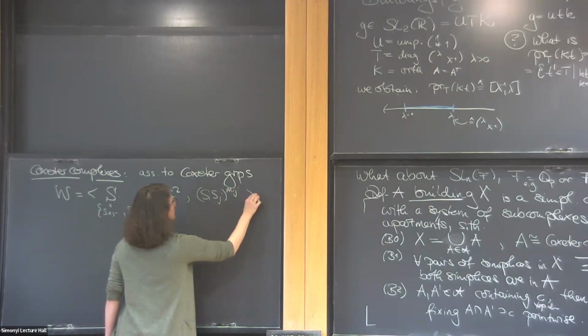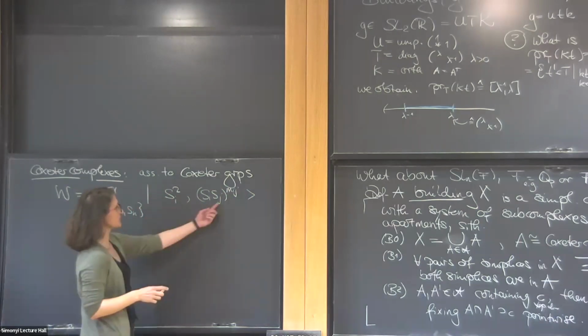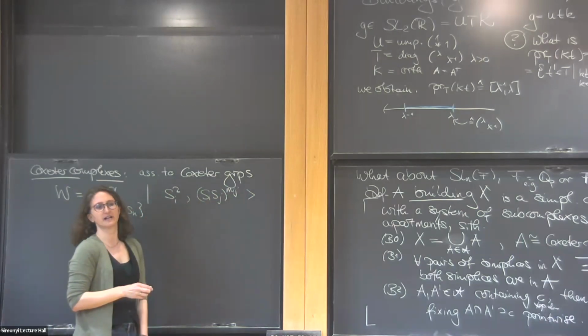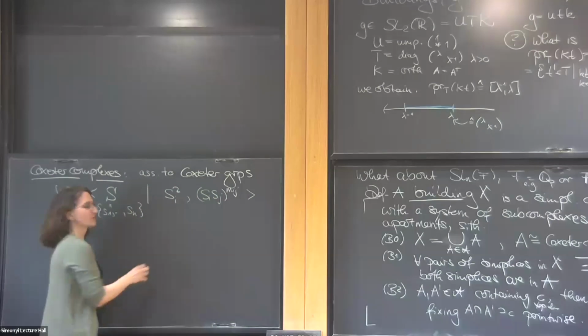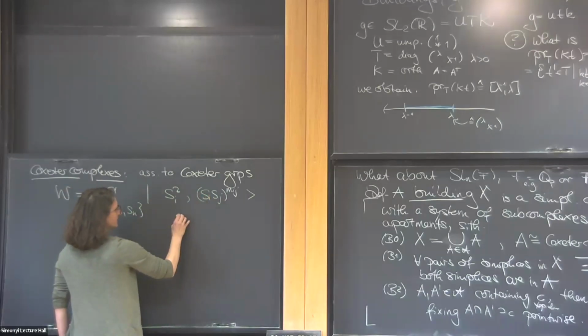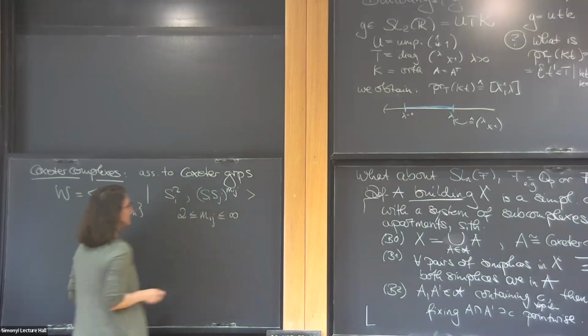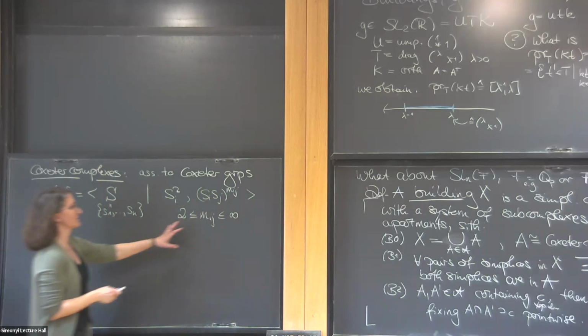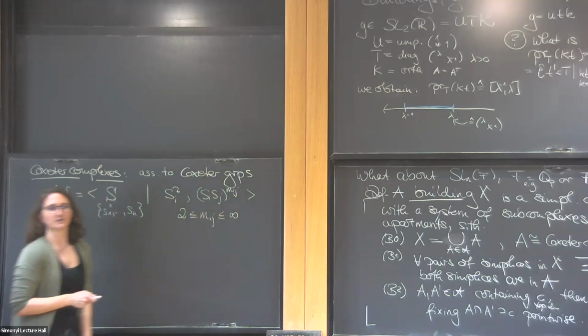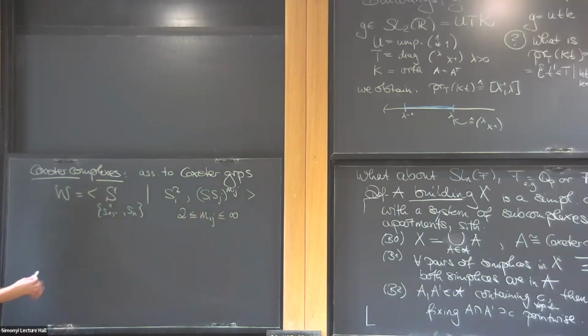One can actually prove that these m_ij are the order of the product of s_i, s_j in this group presentation, which is a non-trivial thing to prove, such that these orders lie between 2 and infinity. By equal infinity, I simply mean there's no relation for that pair. Okay, examples.